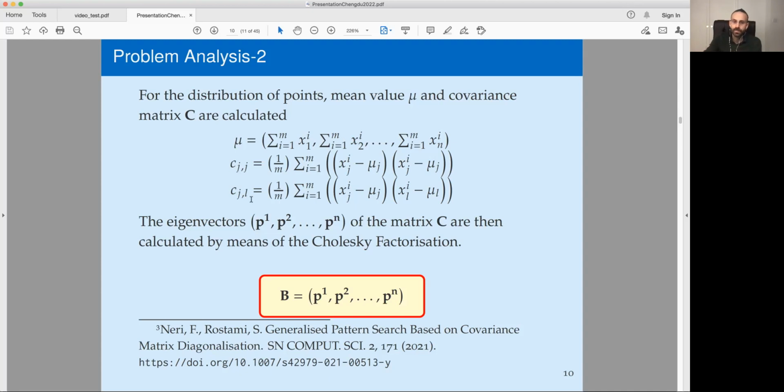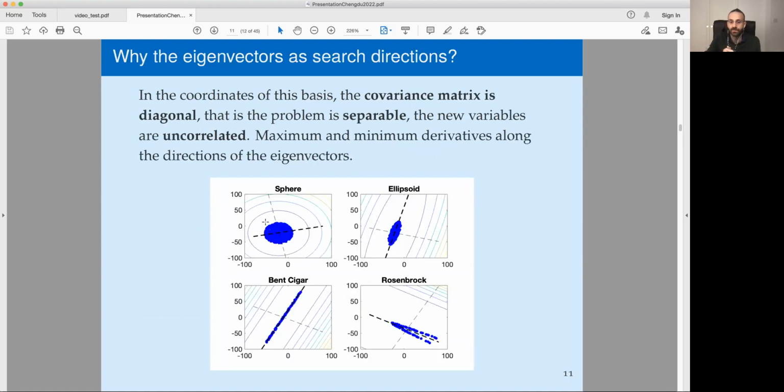So I can then calculate these eigenvectors, and they are the vectors that I'm going to use as the columns of the matrix B, which means the basis matrix along which my algorithm is going to move.